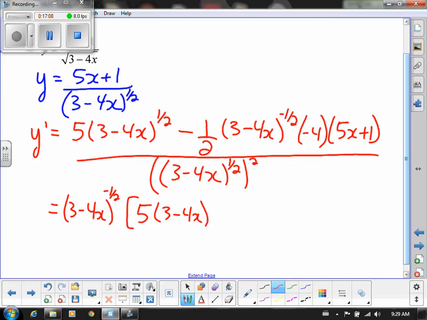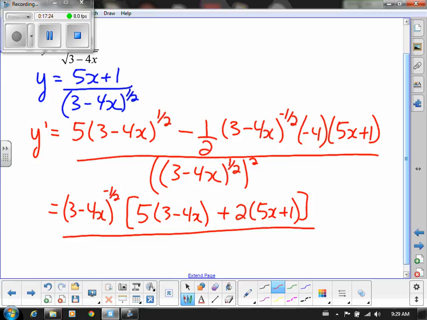Over here, I can multiply the half with the negative 4. So that's going to become plus 2 bracket 5x plus 1. And then 3 minus 4x to the negative half has been factored out, so I don't have that anymore. And then down here, I am allowed to multiply the half and the 2 together to give me 3 minus 4x.